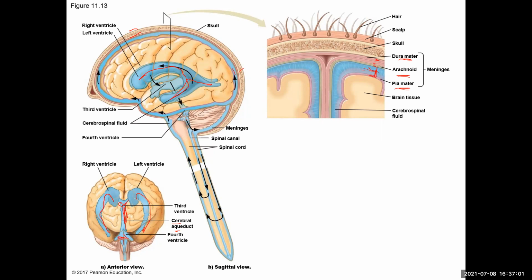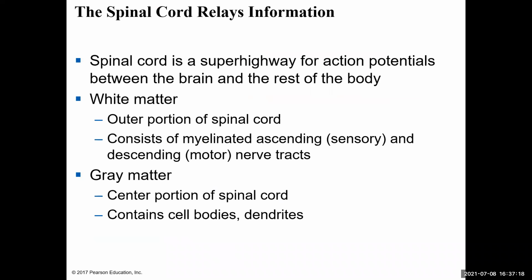And if we were doing an in-person lab, we would be dissecting, I think it's sheep's brains. You would be able to see the meninges on the brain and be able to dissect through those as you look into it.